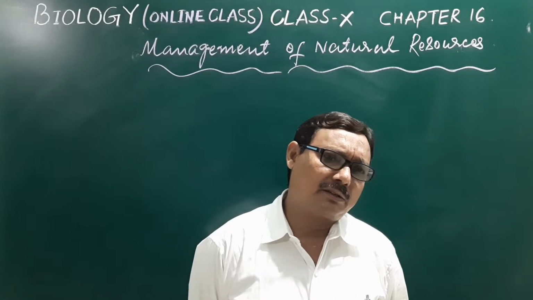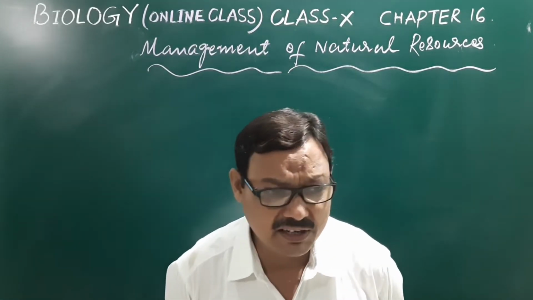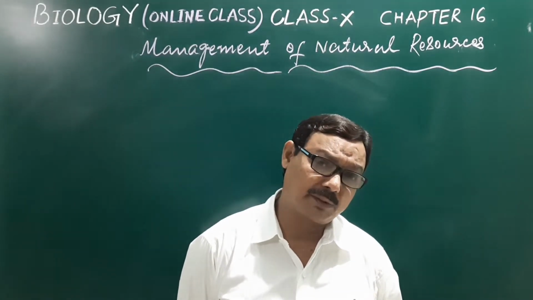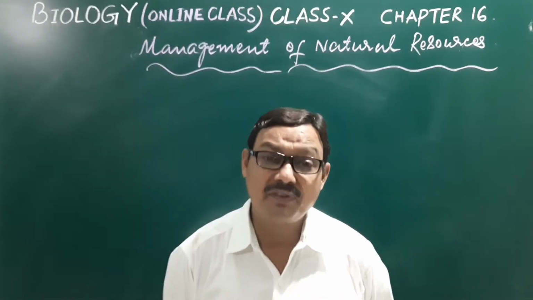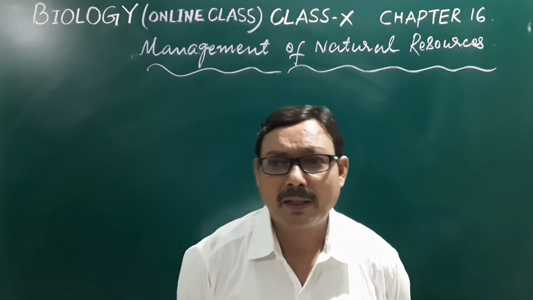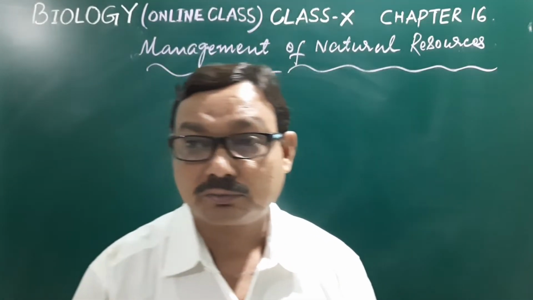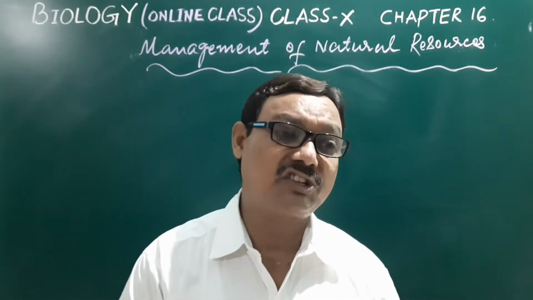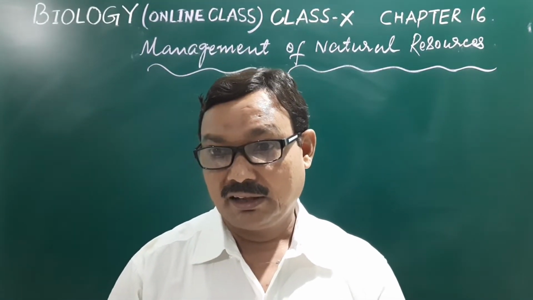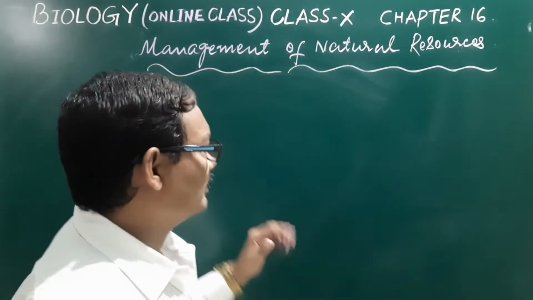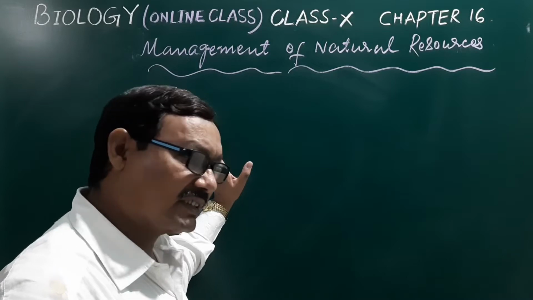But if in our environment there are non-biodegradable substances like plastic, polythene, and other solid waste, how will they be decomposed? Because there is no arrangement in our nature to decompose them. That is also one of the important things that today we should discuss.